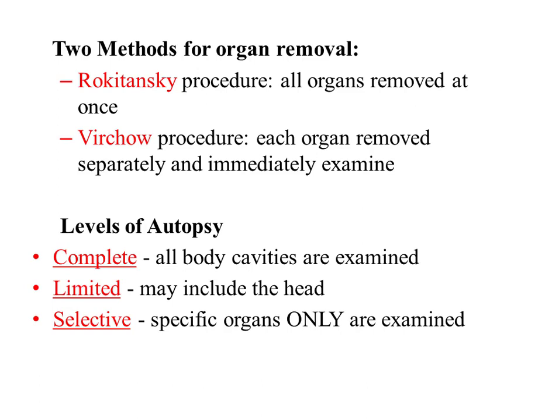Level of the autopsy. There are three levels: complete, limited, and selective. In a complete autopsy, all body cavities and all organs are examined. Limited may include the head. Selective, only specific organs are examined. It's very rare.